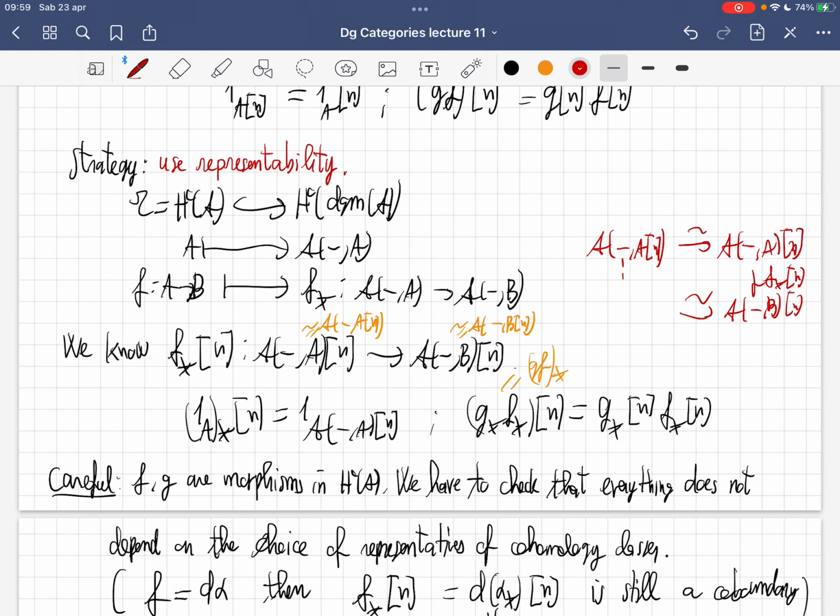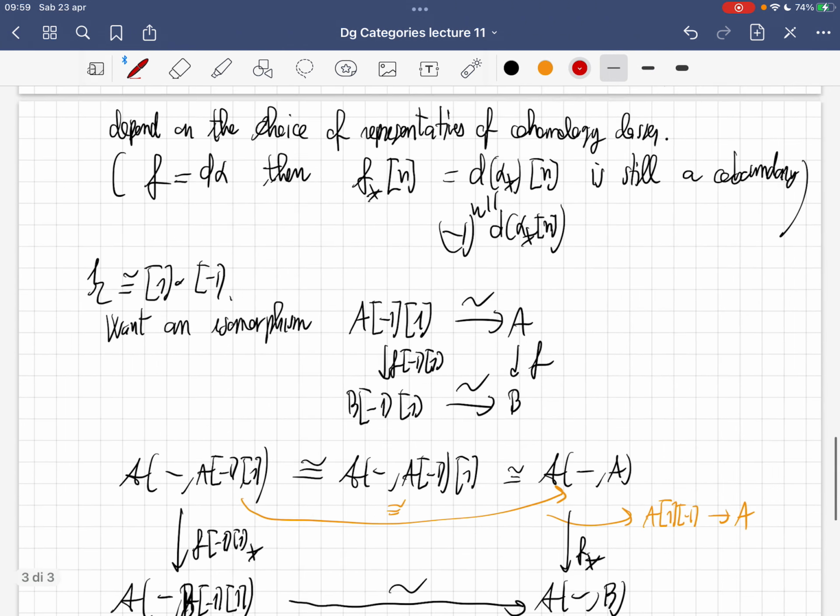Then you can complete here uniquely, and this is your shift uniquely determined. It comes from a unique map between the objects. So this is the way you understand the n shift internally using this representability trick.